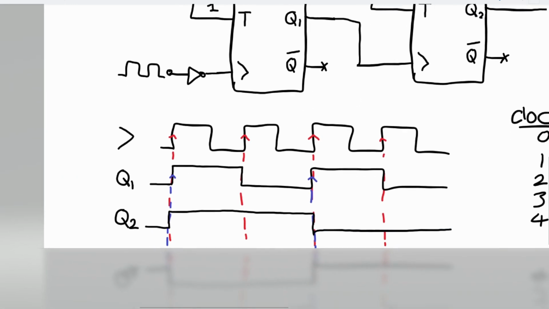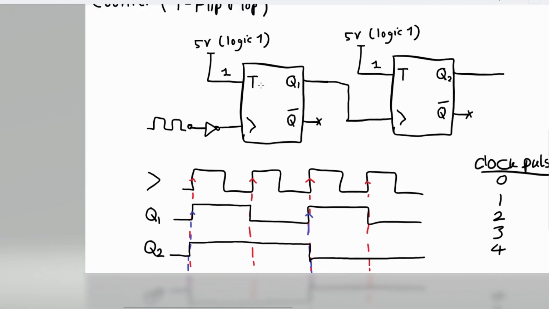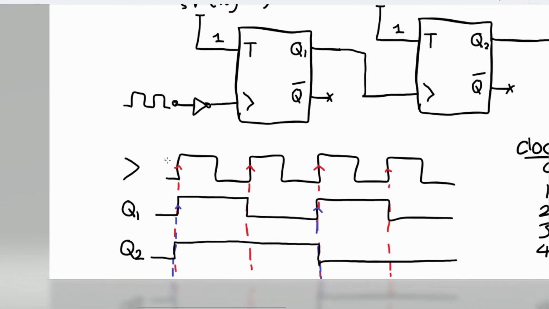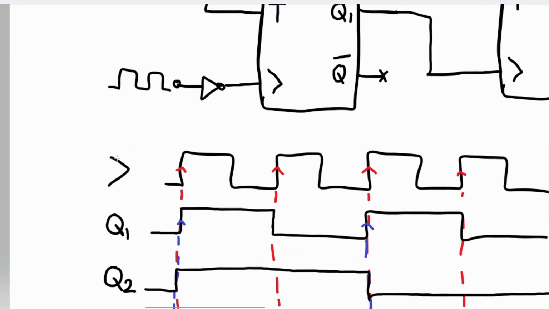So now we have a NOT gate here. This means that this isn't technically going to be our clock. This is going to be this input here.